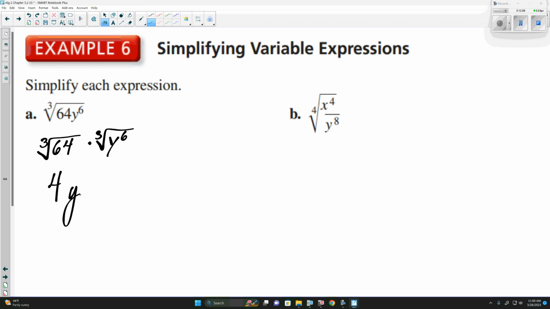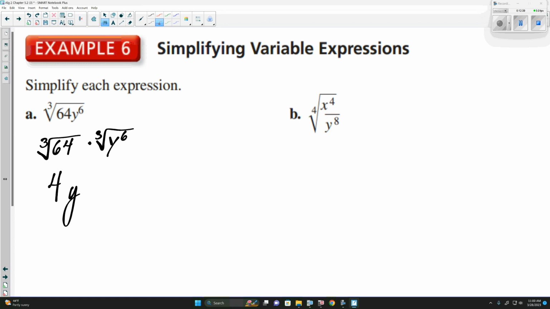Now the other one we have is the cubed root of y to the 6th. So we need to simplify it if we can. And we're going to be able to simplify it, especially if the exponent inside is bigger than the index, bigger than our root. So 6 is going to be bigger than the cube, 3. And we need to simplify that down. Now, it might not be easy to see what the cubed root of y to the 6th would be.